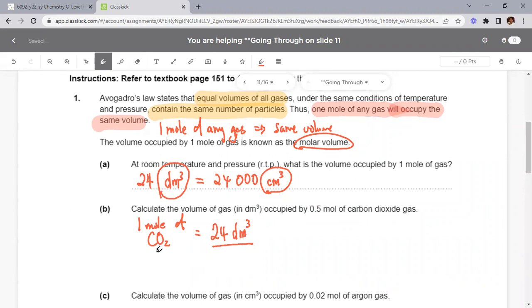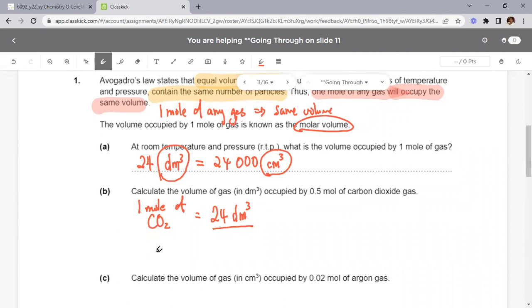So the question is, how about the volume occupied by 0.5 mole of carbon dioxide gas? Hence, 0.5 mole of CO2 will occupy 24 divided by 1 times 0.5. I will get 12 dm cube.